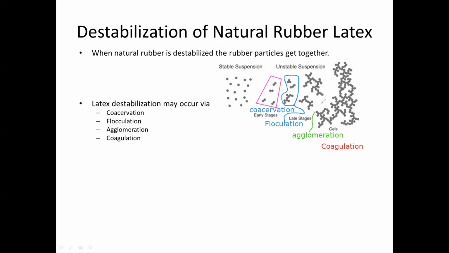This agglomeration is somewhat this way. Coagulation is called gelling and also coagulation. Understood?